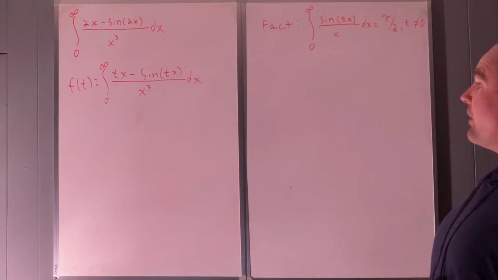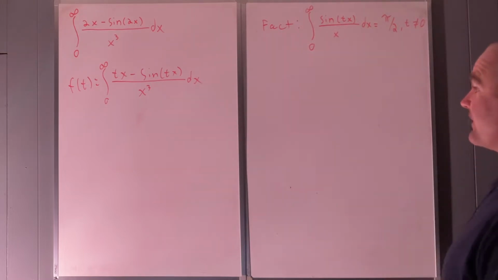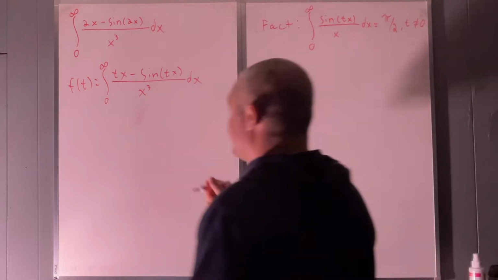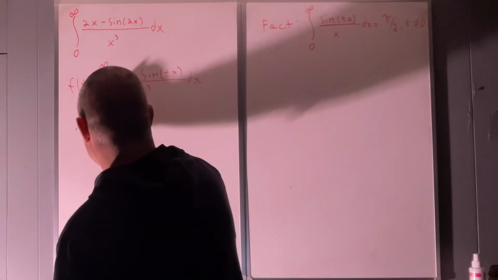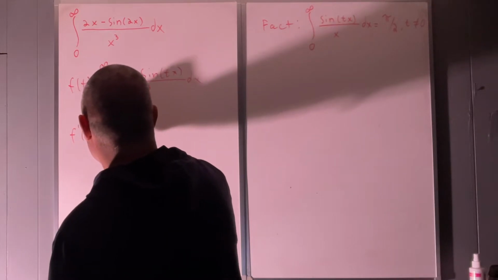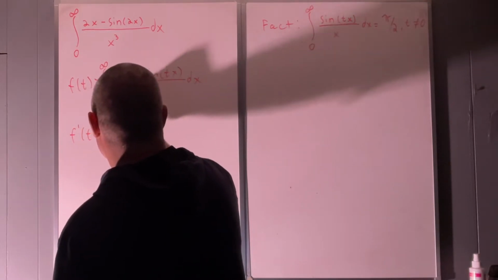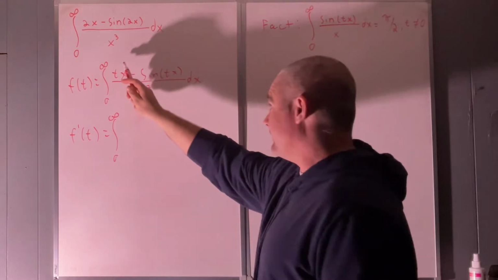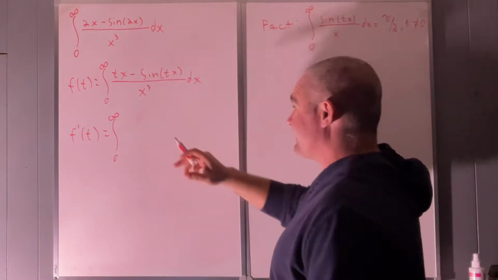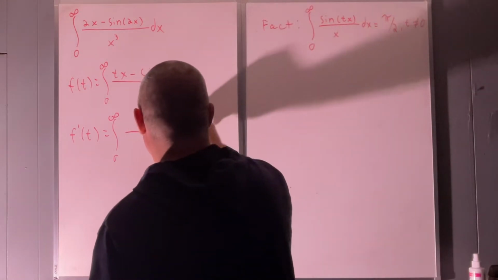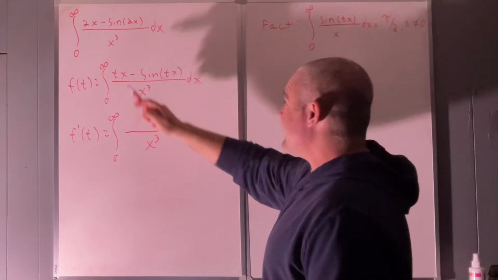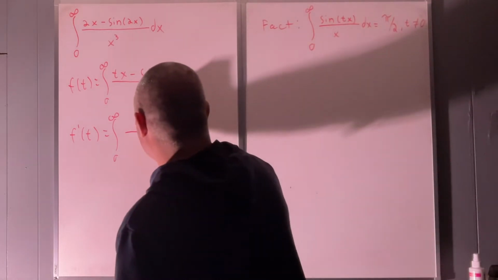Okay, so now what we're going to do right away is take two derivatives real quick. It should be pretty easy. So f prime of t is equal to the integral from 0 to infinity of the derivative of this part. It's all going to be over x cubed because with respect to t, x cubed is a constant. The derivative of tx with respect to t is just x.